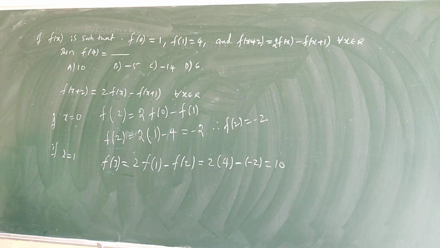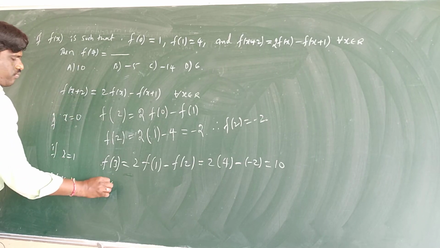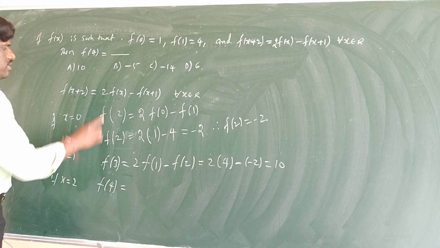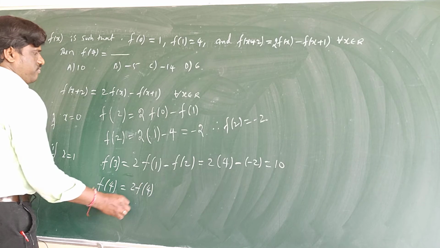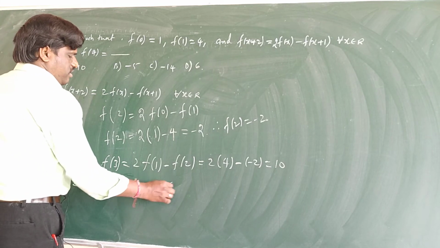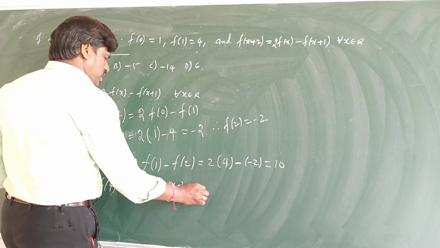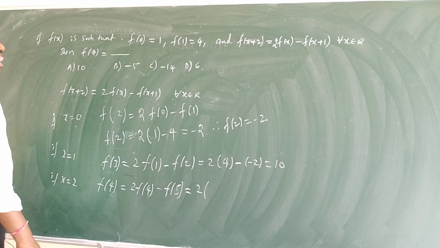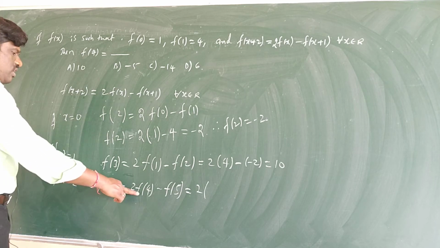Right? Now we will go for x = 2. Then what do I get here? f(4) = 2f(3) - f(4)... anything went wrong? 2 into f(4) is what?